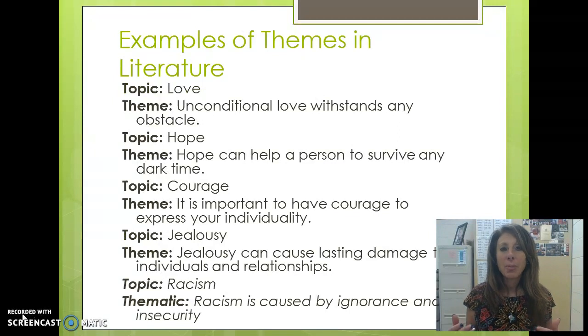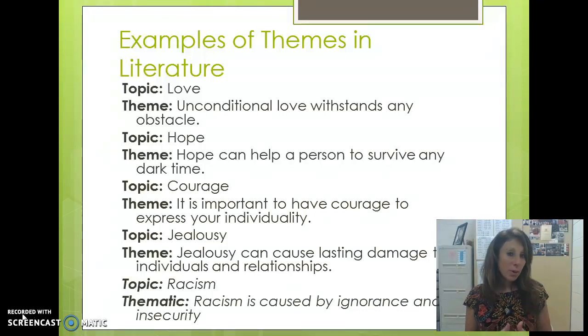Now, a topic might be love, but a theme might be unconditional love withstands any obstacle. A topic might be hope, but a theme might be hope can help a person to survive any dark time. A topic might be courage, and a theme might be it's important to have courage to express your individuality.